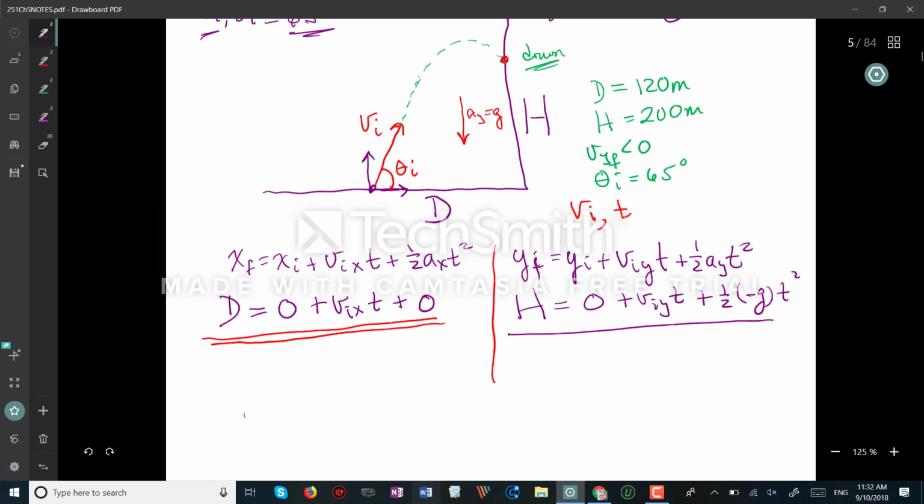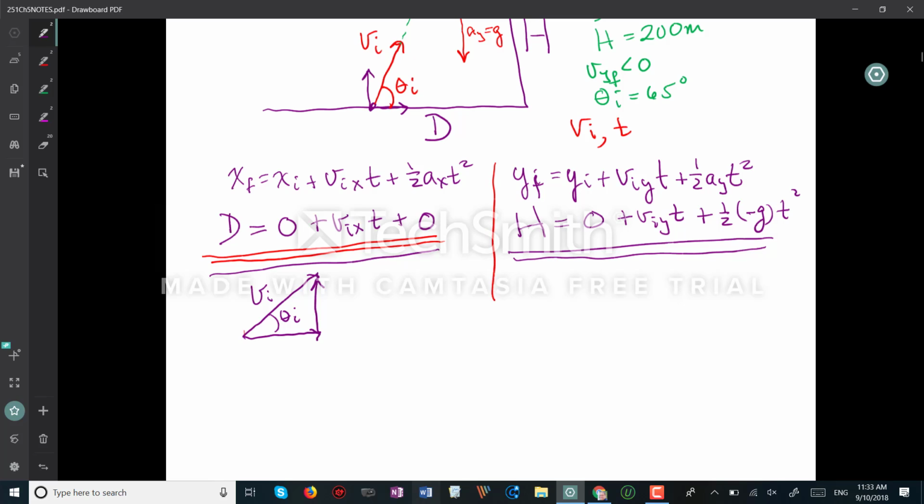these are the two relationships I need to solve algebraically to get V initial. Now, I'm going to need a little bit of help here, because instead of having V initial X and V initial Y, those are two unknowns, it's really only one, right? So I draw a large, maybe not Paul-sized, sketch to the side to remind me, what am I looking for?